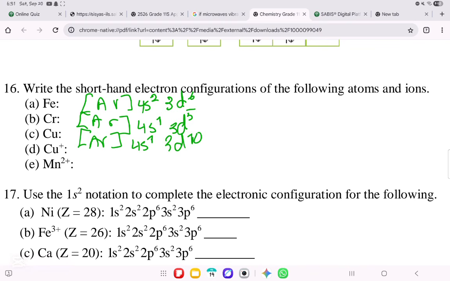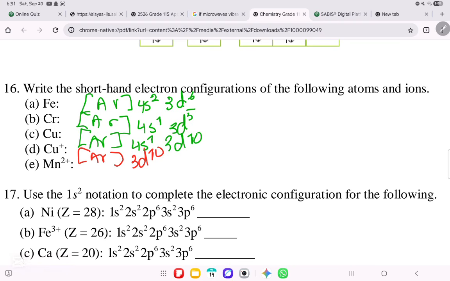We said whenever we end with a d orbital, we remove the electron from the S, from the nearest S. So we know that it's argon 4s1 3d10, but they said that we took away an electron. So we always take away the electron from the nearest S subshell. Why? Because it ends with D.